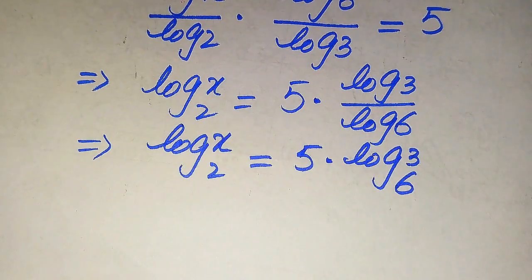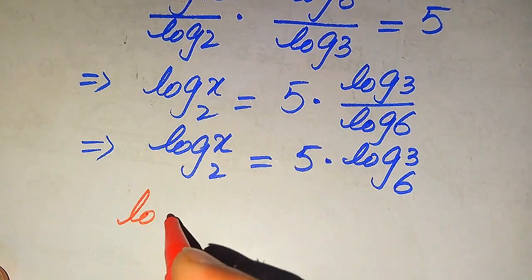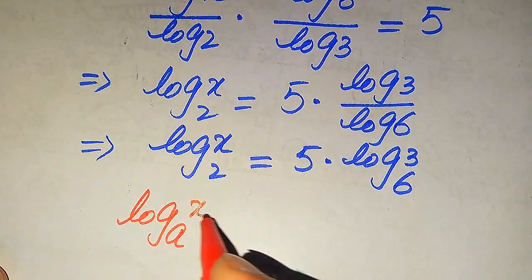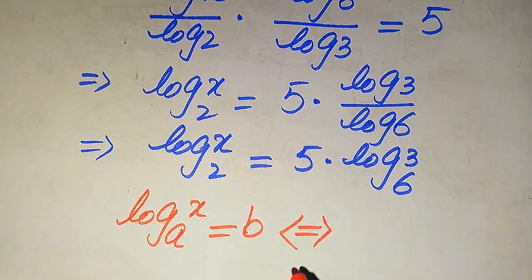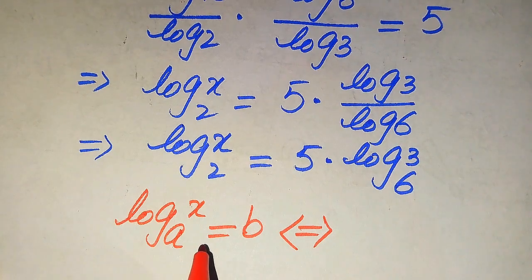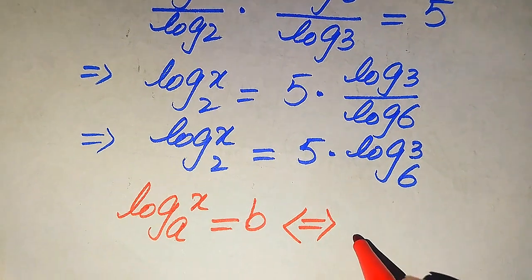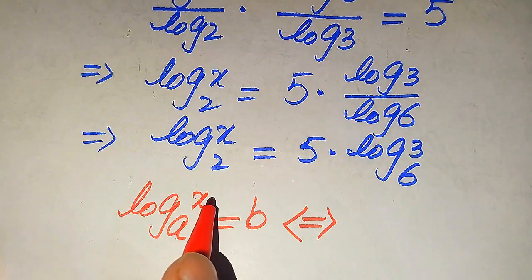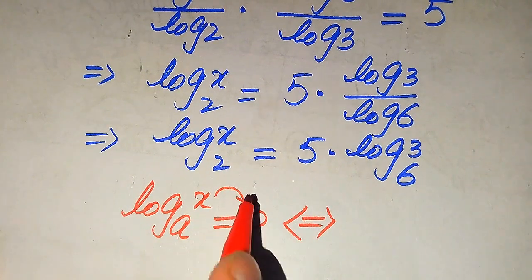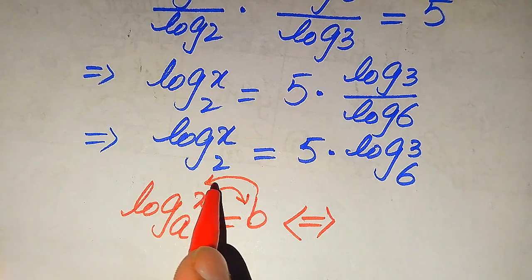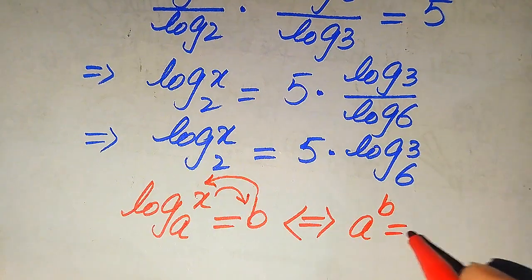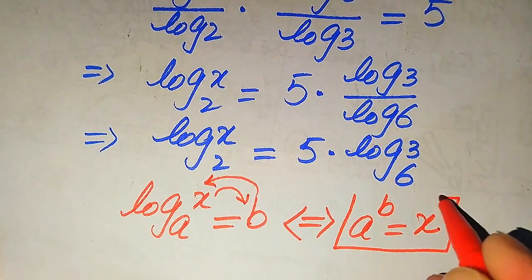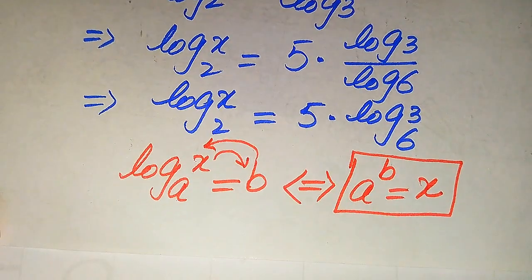So here we need to use the definition of logarithm, and you know that if log with base a of x is equal to b, this definition is implied if and only if, so this equation is equivalent to a to the power of b equals x. We move this b to the place of x and get a to the power of b is equal to x. So this is the definition of logarithm. I hope you already know about that.